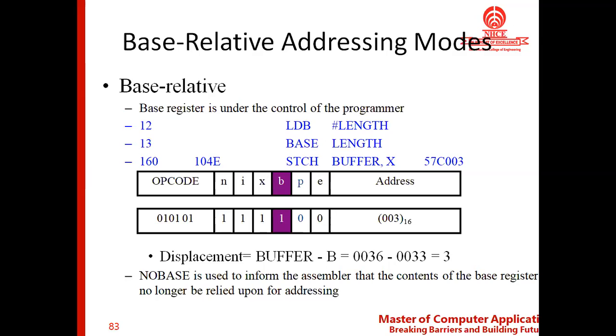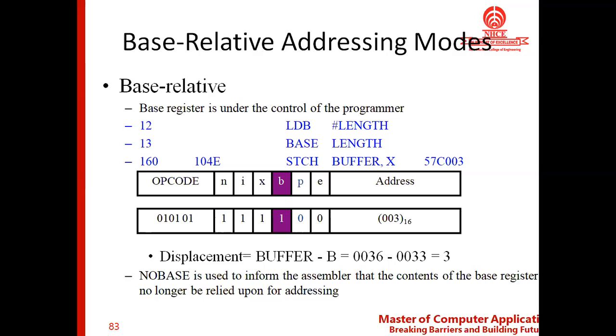And we should know the value of buffer. So what is the address of buffer, or where it is defined, that address we should know. So we follow the same formula, TA is equal to B plus displacement. In the previous case we used PC plus displacement.